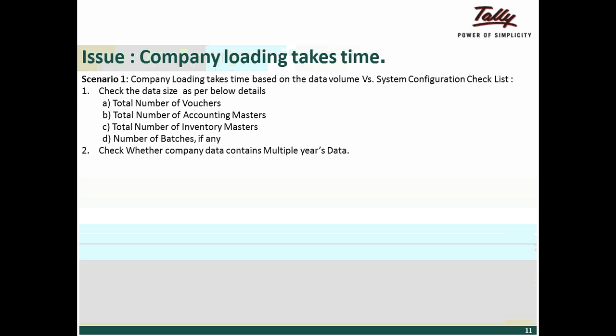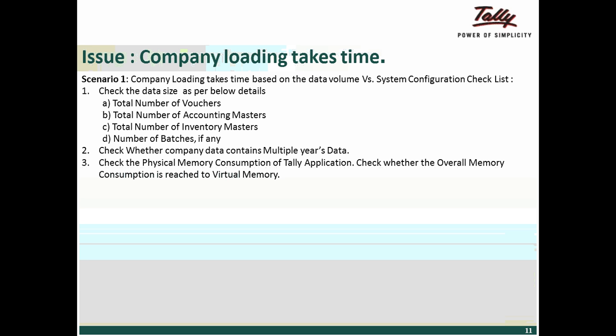The second point is to check whether the data contains multiple years of data. Check the physical memory. This is the main thing you have to check. Check the physical memory consumption of the Tally application, and check whether the overall memory consumption has reached virtual memory.